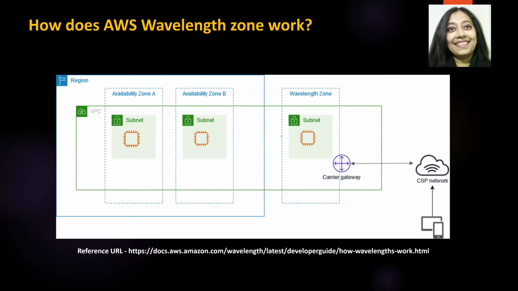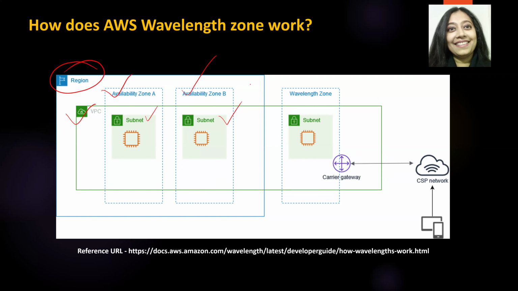Now this is an architectural diagram. This is an AWS Region. You have two availability zones. This is your VPC. Now in this VPC, you have one subnet and you have a second subnet in your AZs.